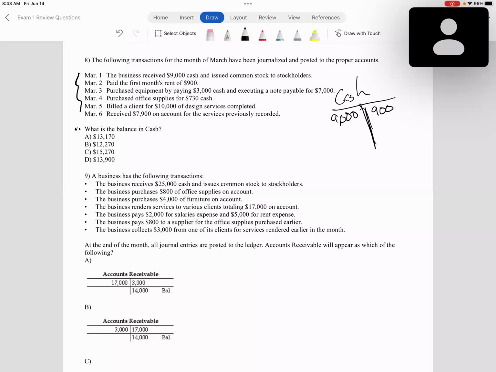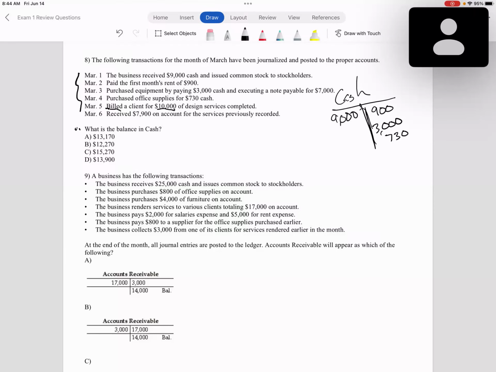Purchased equipment, paying $3,000 cash. That would be cash going out, so it'd be a credit. The rest of it is a note, so it's not involved. Purchase office supplies for $730 cash. It's going to decrease cash. And then billed a client $10,000 for design services completed.